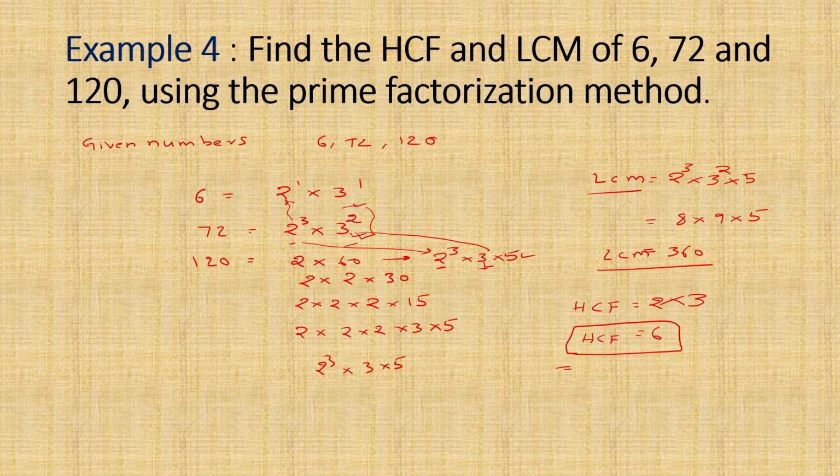So we have calculated the LCM and HCF. The formula we saw earlier, HCF multiplied by LCM is equal to the product of the numbers, is only applicable for 2 numbers. If only A and B are there, then we can write HCF into LCM is equal to A into B. If A, B, C, 3 numbers are there, then we will not write LCM into HCF is equal to A into B into C. This is wrong.